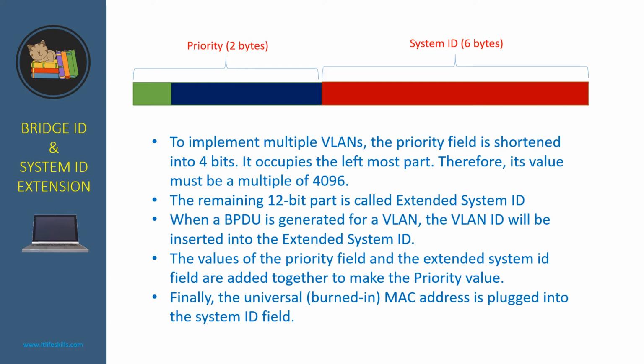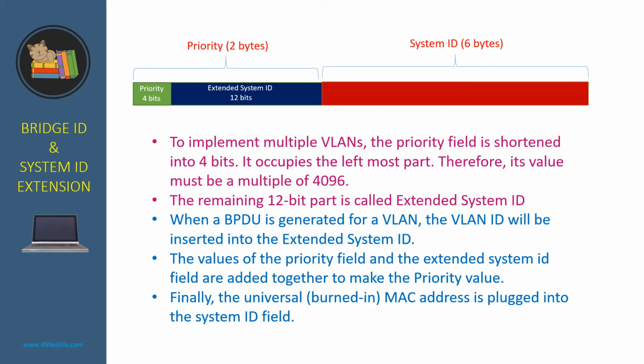To implement multiple VLANs, the priority field is shortened into 4 bits. It occupies the leftmost part, therefore its value must be a multiple of 4096. The remaining 12 bits part is called extended system ID.